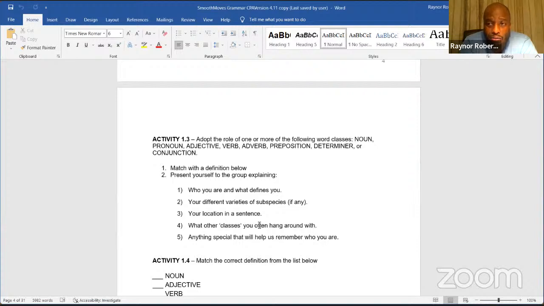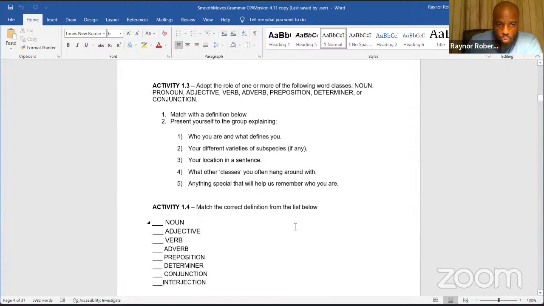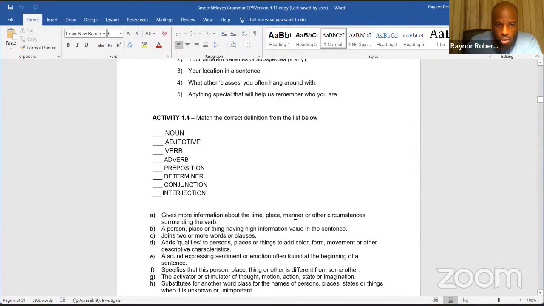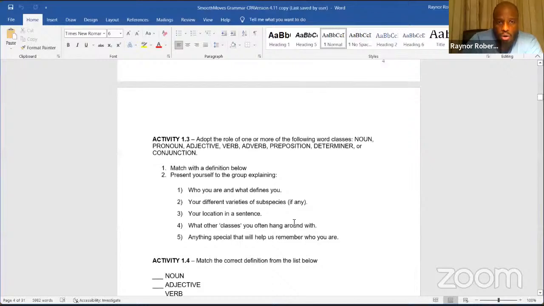And notice the difference between the function of the word and the word class, or what we call part of speech. Who are you and what defines you? What would you put there?